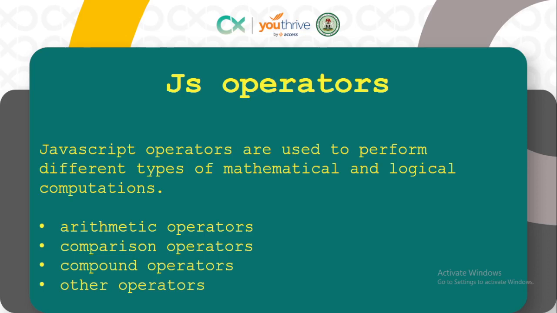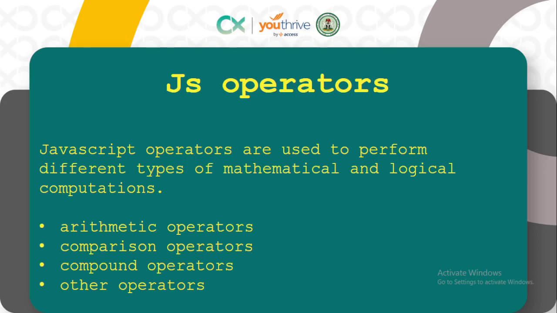Then other operators in JavaScript. So let's dive into the code. But I want you to remember that JavaScript operators are used to perform different types of mathematical or logical computation. Another way you can think of operators is as a keyword, but this time around it is not in words, it is in the form of a single letter or a symbol or a group of symbols.